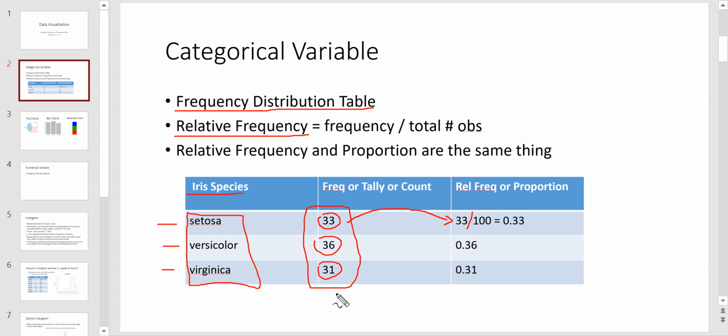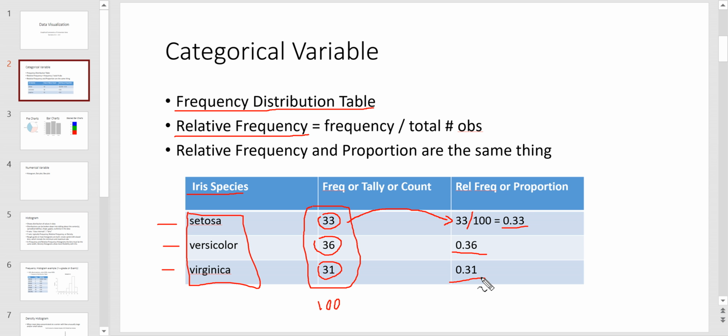You can count this up and see that the sum of these three levels was 100. So it was an easy number to compute proportions for. But be careful, whatever n is, that's what you're dividing by. So here we end up with 33%, 36%, and 31%. Here I've expressed them in decimal form, but you can also express them as a percentage.